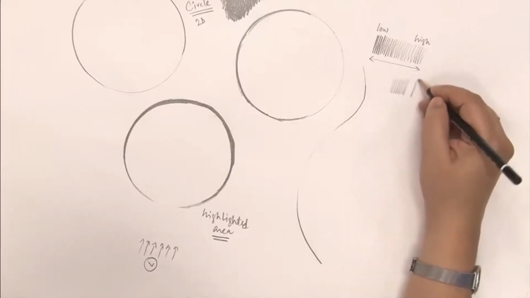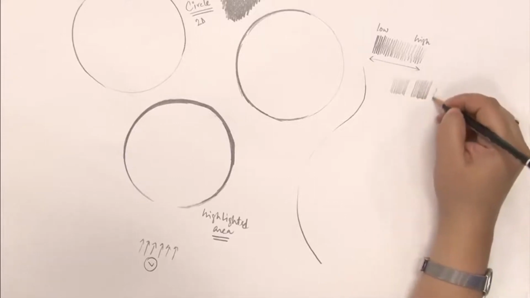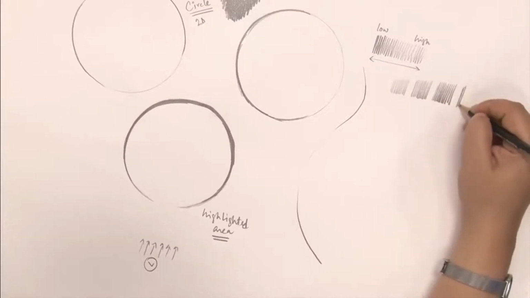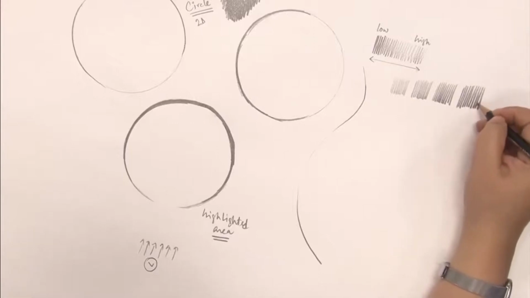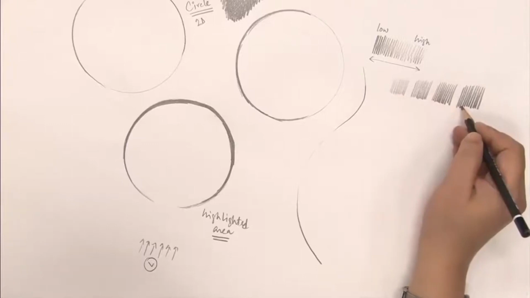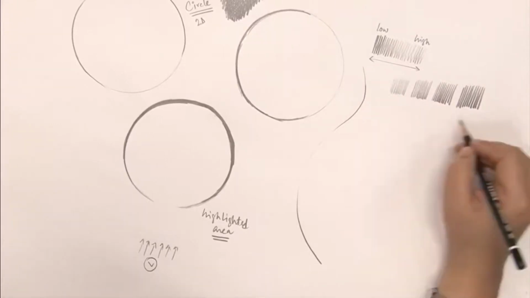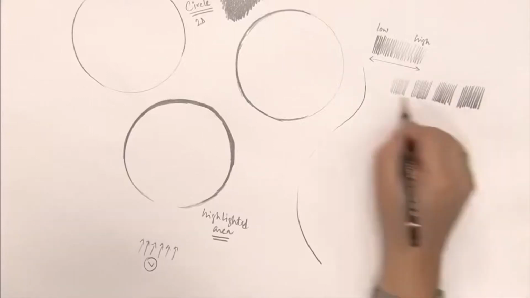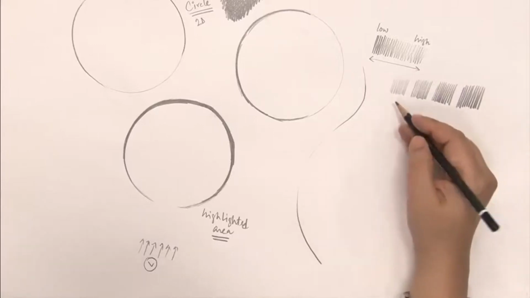We make it slightly darker, we change the pressure, it becomes darker, we increase the pressure, it becomes even darker, we increase the pressure more, it becomes very dark, and also it becomes thick. We can take another round by not changing the pressure, but by overlapping, that is another device. So, here we are controlling the pressure, we are controlling the thickness, but we can also take this way.